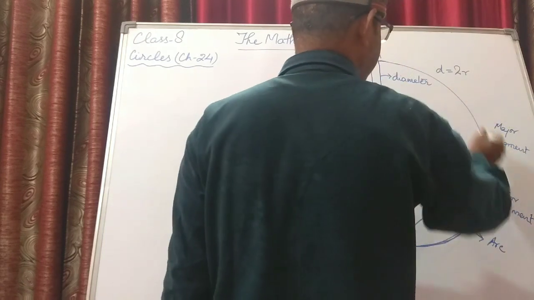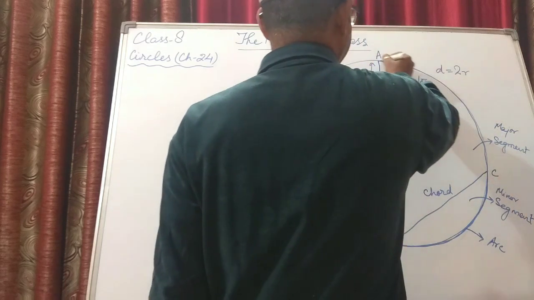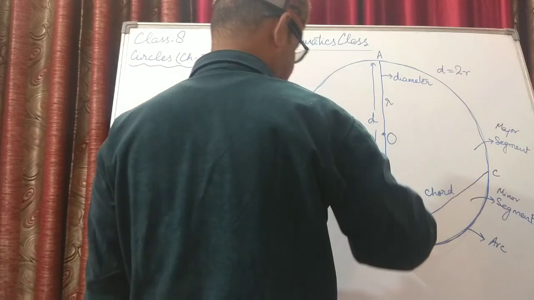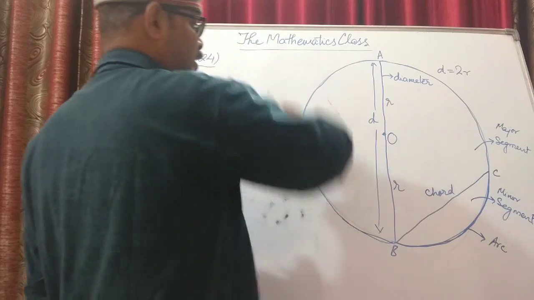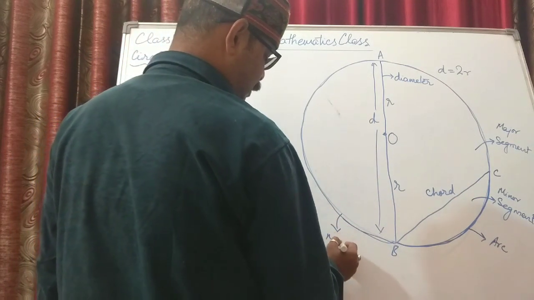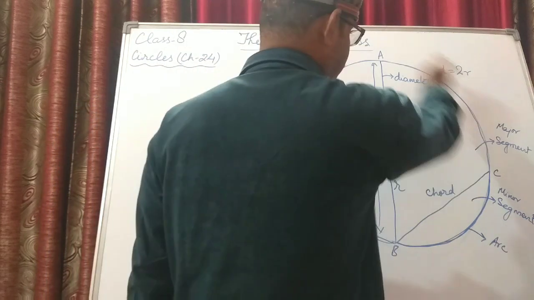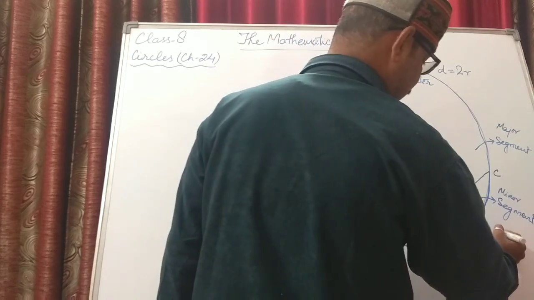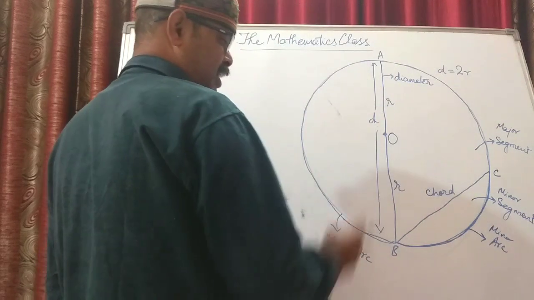Similarly, this continuous piece of a circle from C to A to B is also an arc, but since this is a bigger major part, this is known as major arc. As this total was major segment, this was minor segment. Similarly, this arc is minor arc and this is major arc.